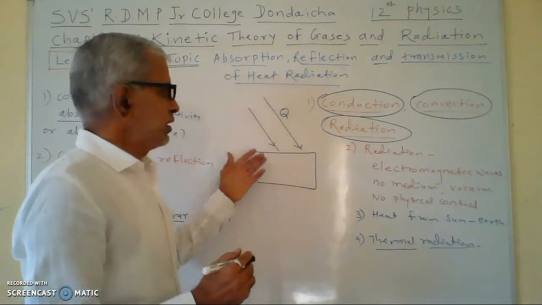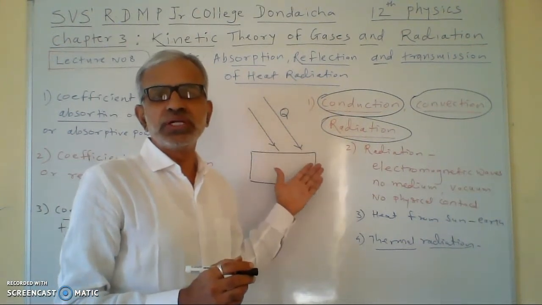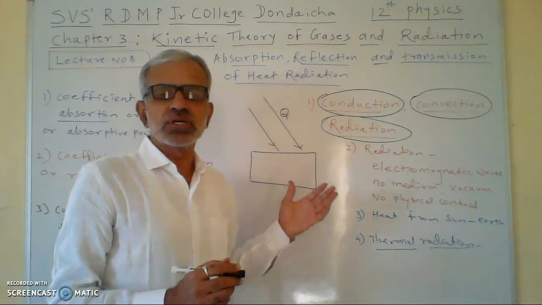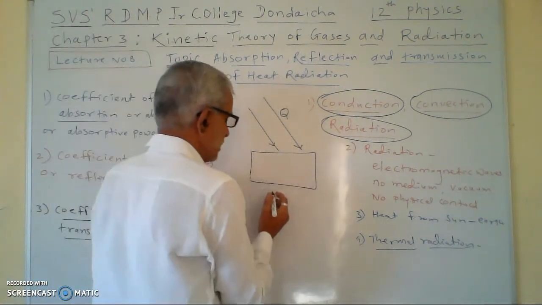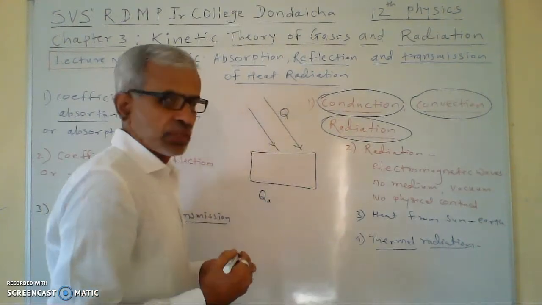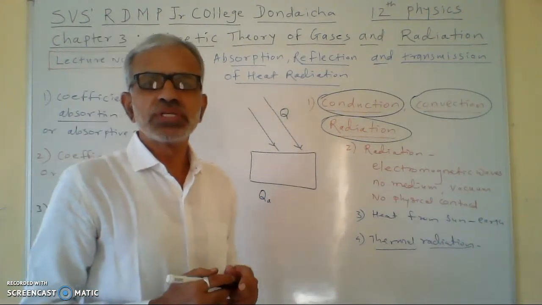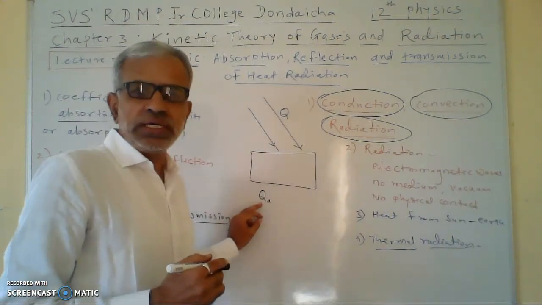Then some part of this energy which is incident on this substance will get absorbed, and the quantity of radiant energy which is absorbed by this substance is suppose QA.